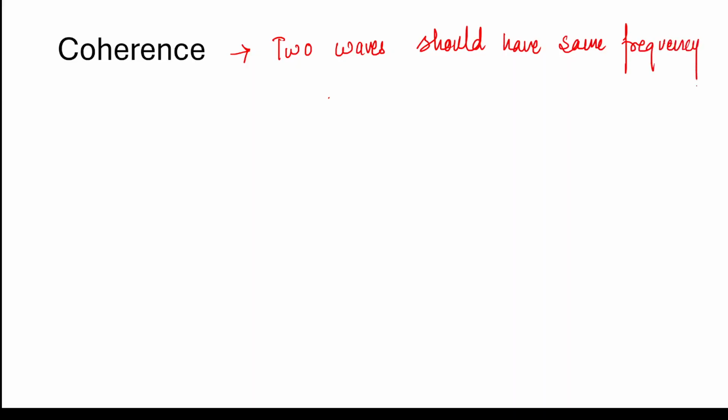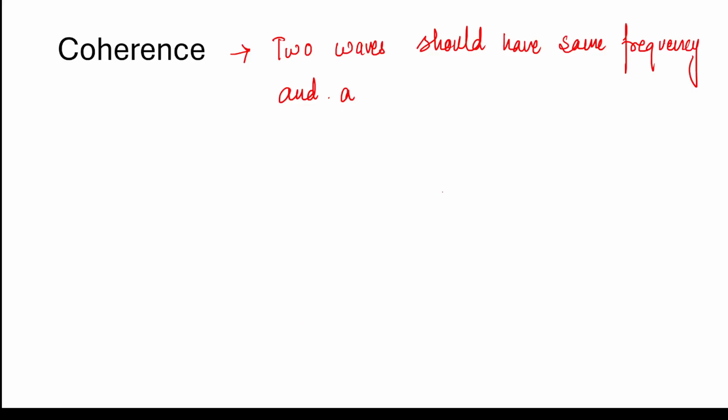Now, for interference to happen, we need to first understand the meaning of coherence. Coherence means 2 waves should have the same frequency. So if I say 2 waves are coherent, it means that they should have the same frequency and a constant phase difference.